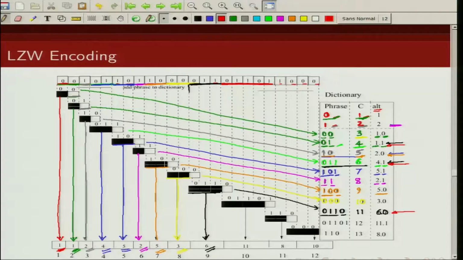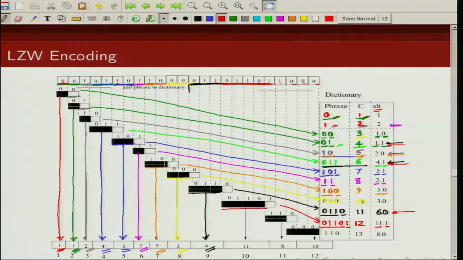So we are going to put this 0 1 1 0 1 in the dictionary, and that's code word number 12. This can be written as concatenation of the code word corresponding to 0 1 1 0, which is code word number 11, and this innovation symbol 1.